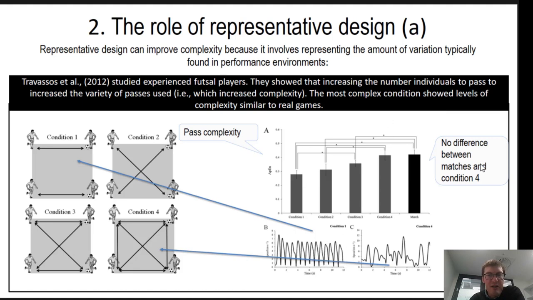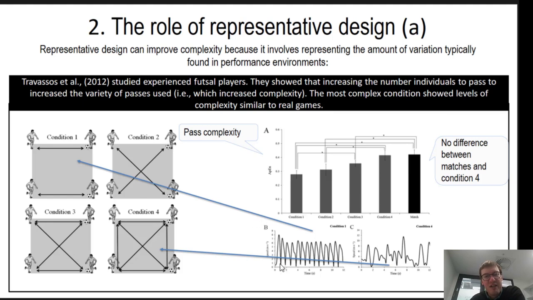Now what their findings were, and a final condition that they also measured ball velocities in were during matches. So during futsal matches, they also measured ball velocities of passes. And they used a measure of complexity. It's called approximate entropy.